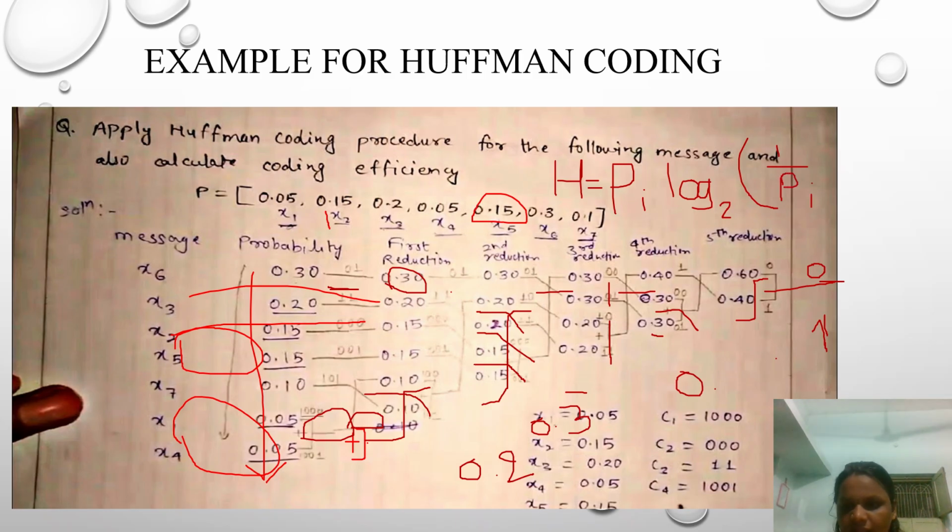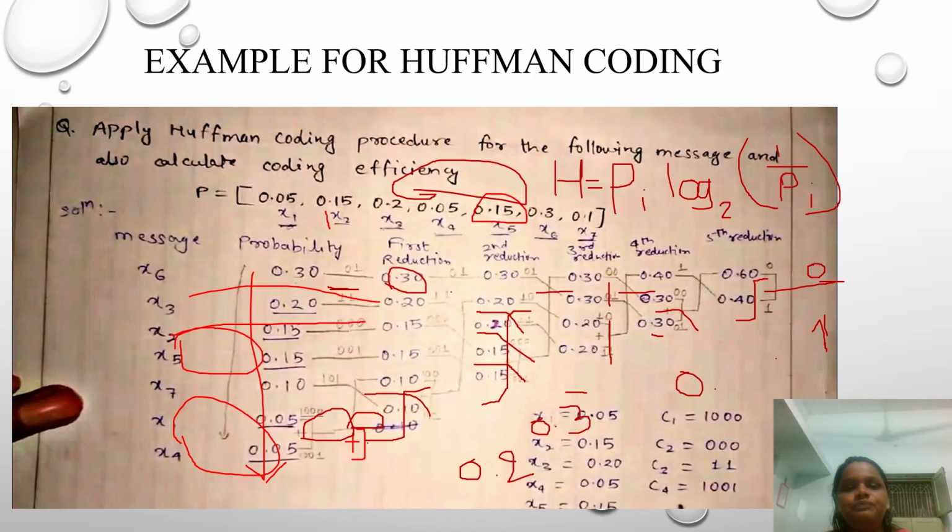By this, we can write the efficiency, and we know the efficiency formula is H by L. This is the basics of Huffman coding and how Huffman coding works.